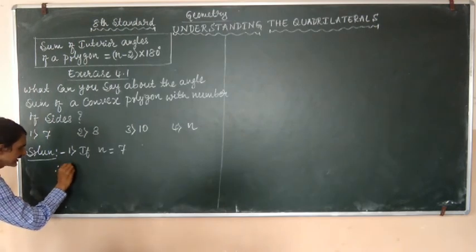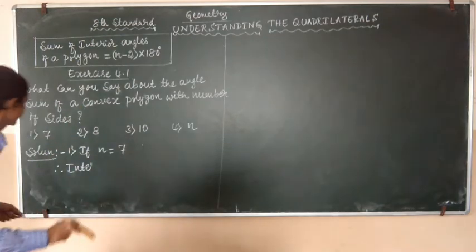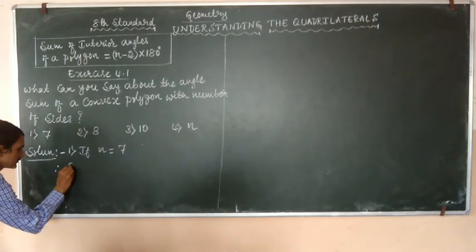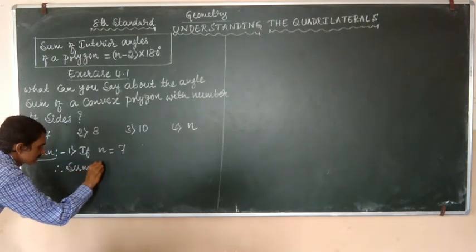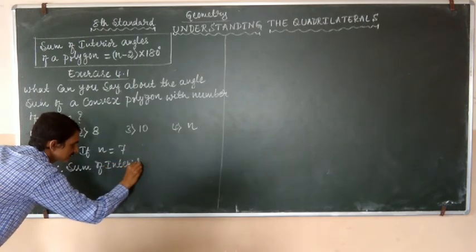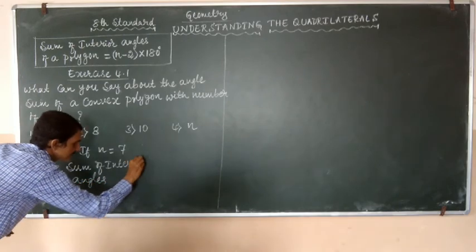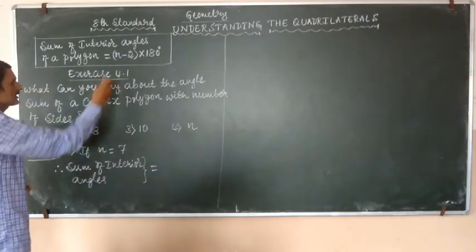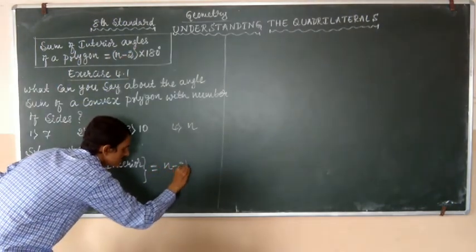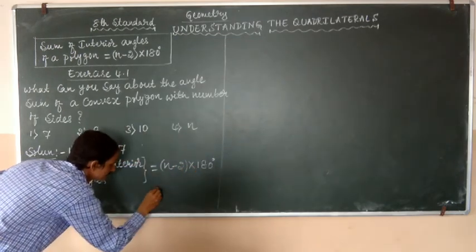Therefore, the sum of interior angles equals the formula, (n minus 2) into 180 degrees.